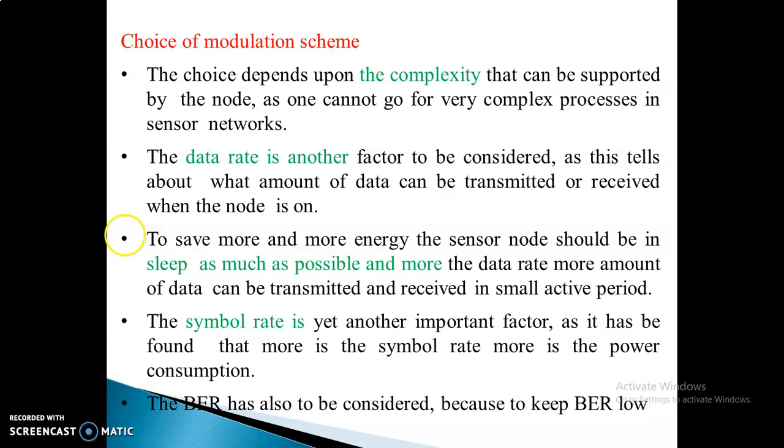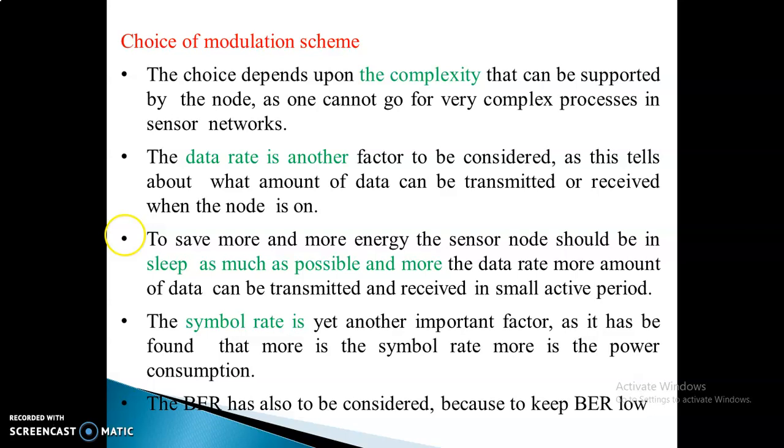And the modulated signal is generally S(t) = A(t) cos(ωt + φ(t)). That means the modulated signal always depends on the time-dependent amplitude A, the frequency ω, and the phase shift φ.